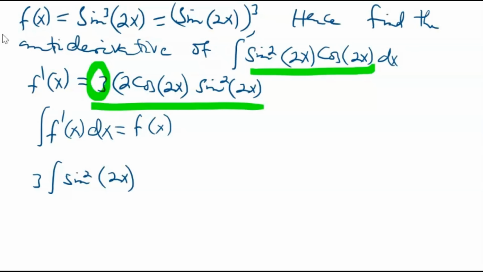So that's actually 6, isn't it? So that has to be 6. To take the 6 out, that's going to be 6. So it's going to be the same as the original function, which was this.